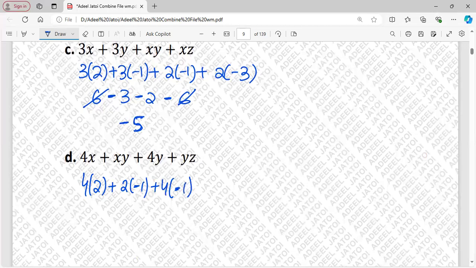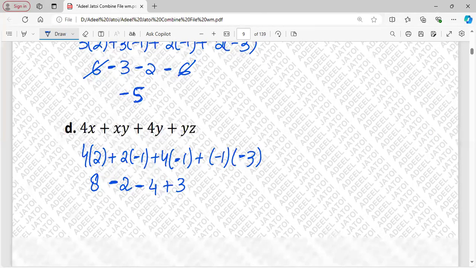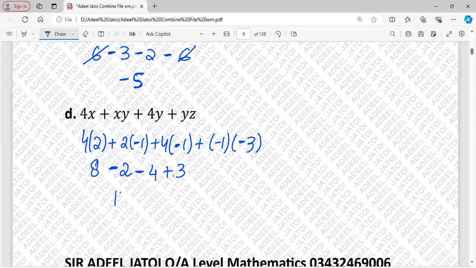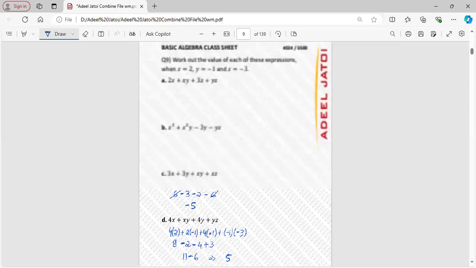And plus -1, and this will be -3. So this is 8 minus 2 minus 4, and this will be +3. So 8 plus 3 is 11. 11 minus 6. So the answer should be what? 5. 11 minus 6 is 5.